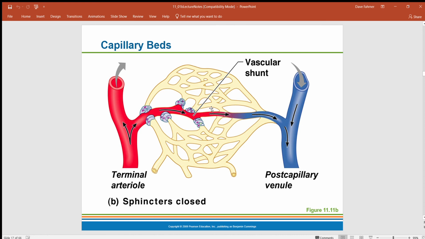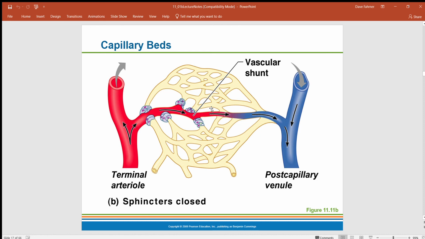One of the reasons why we would shunt the blood from the arteriole to the venule, leaving only a little bit of blood to flow through the capillary bed and supply tissues, would be in the instance of thermal regulation of the body. Say, for instance, an area of the skin in cold weather. Well, we'd want to have as little blood flow going to the skin as possible, because the blood carries lots of heat, and the more blood that goes to the skin, the more heat that would be lost to the environment.